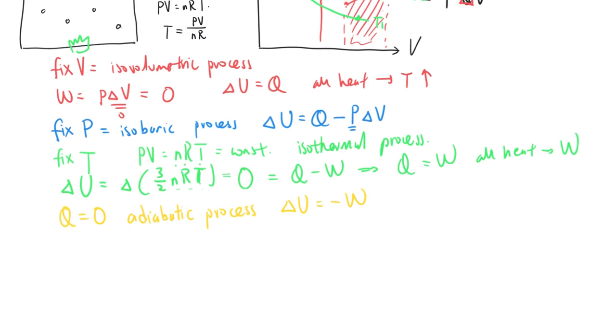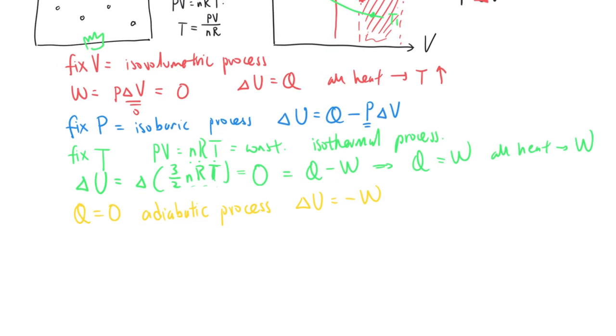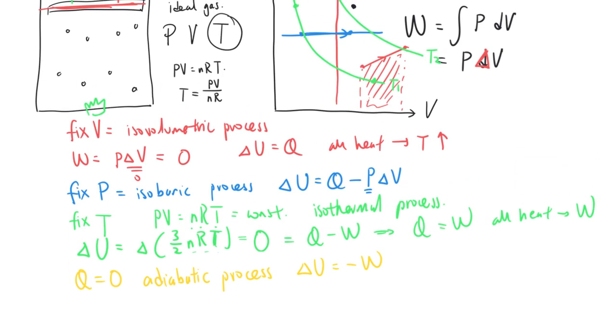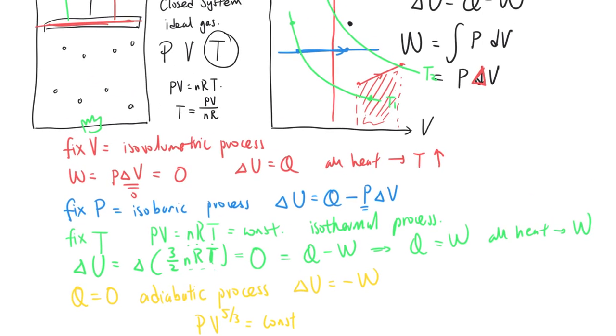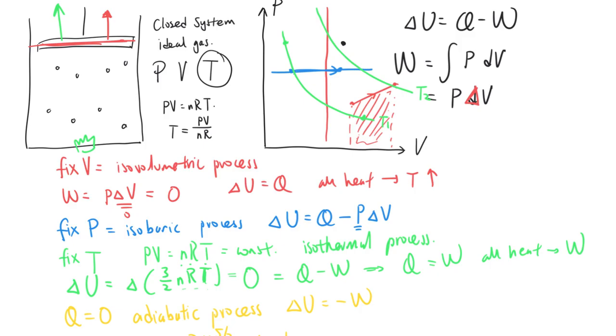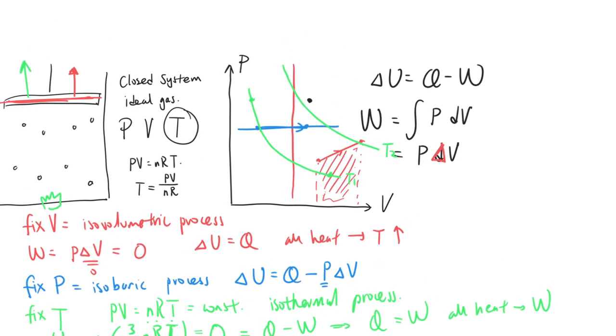And in fact, we know through some derivations that we'll cover in another video that the graph of an adiabat on the PV plane can be seen from this equation right over here. So basically, P times V to the 5/3 is a constant. So this, in fact, would be steeper than the isothermals.